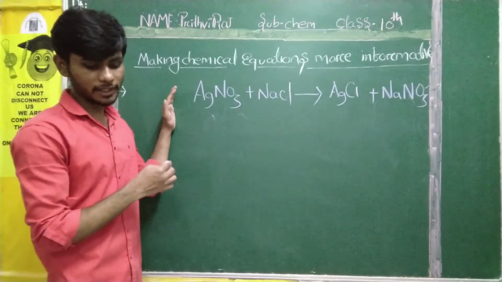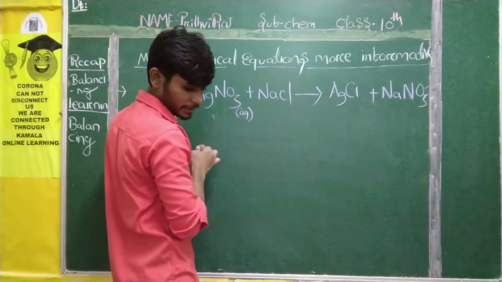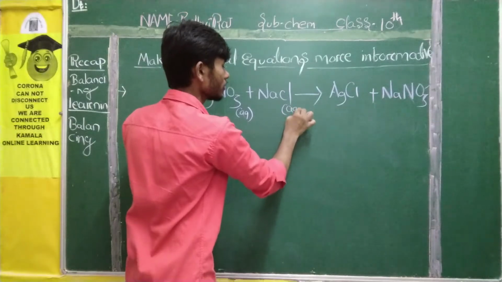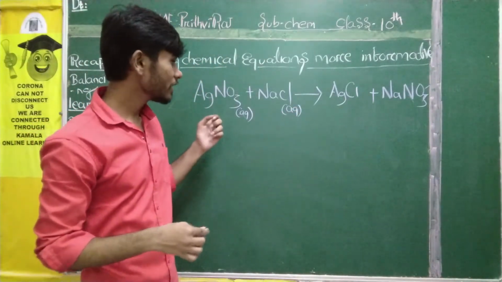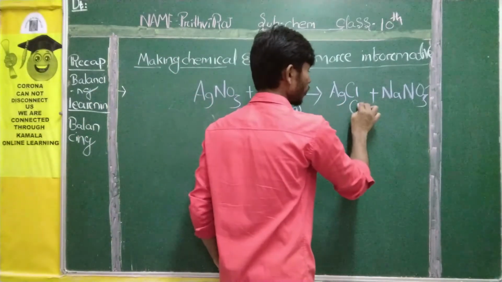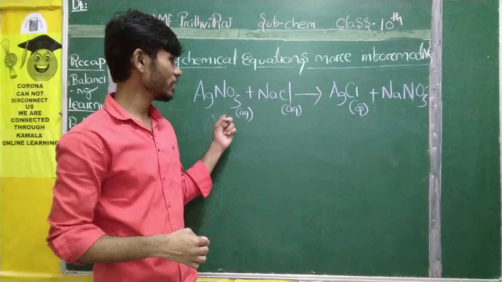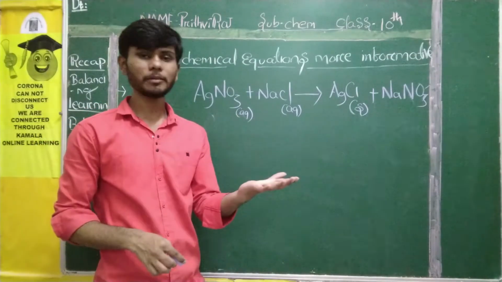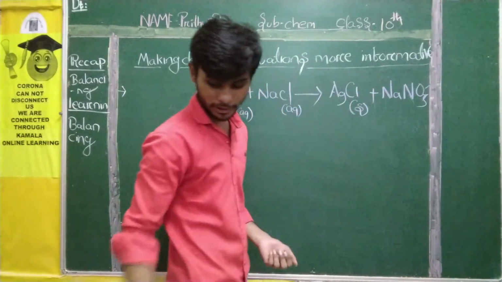So this is your compound. AgNO3 is your silver nitrate. Silver nitrate is aqueous. Then NaCl. NaCl means what? Salt water, students. It is also aqueous. But here you got AgCl, which is solid. A solid compound came out of nowhere from two liquid compounds. We have added two liquids, but one solid compound came out. This is your precipitate, and it will be given a downward arrow mark.